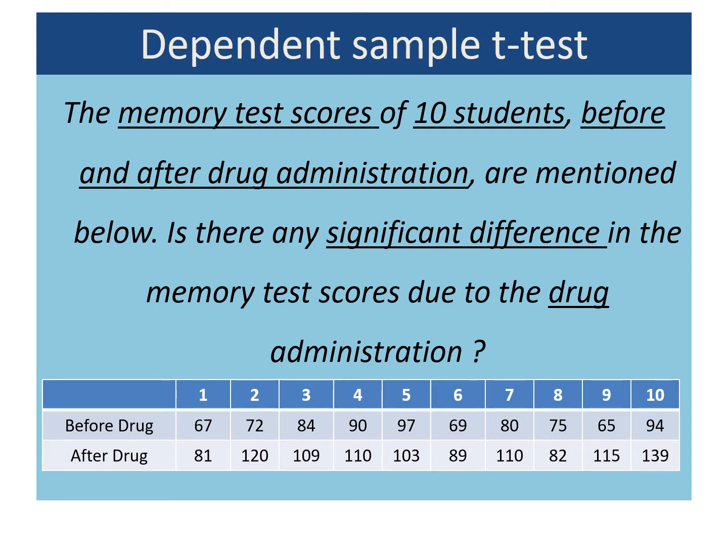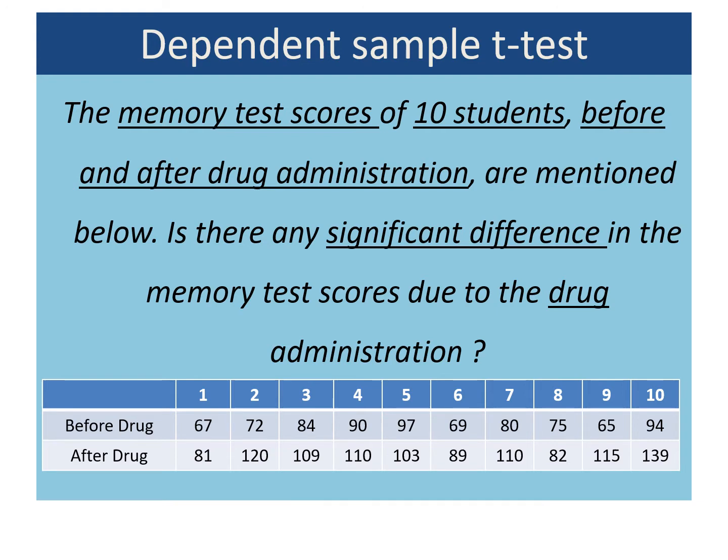Independent variable is the drug. And what is the dependent variable? Dependent variable is the memory test scores. The measures of the dependent variable are mentioned below over here. And the administration of the drug is the independent variable.